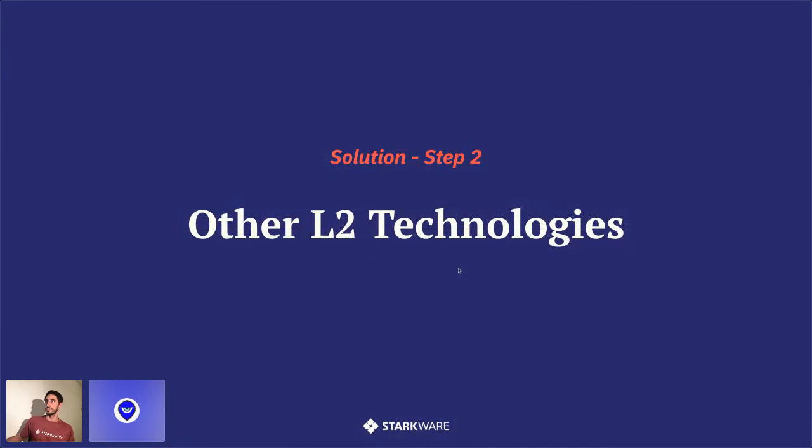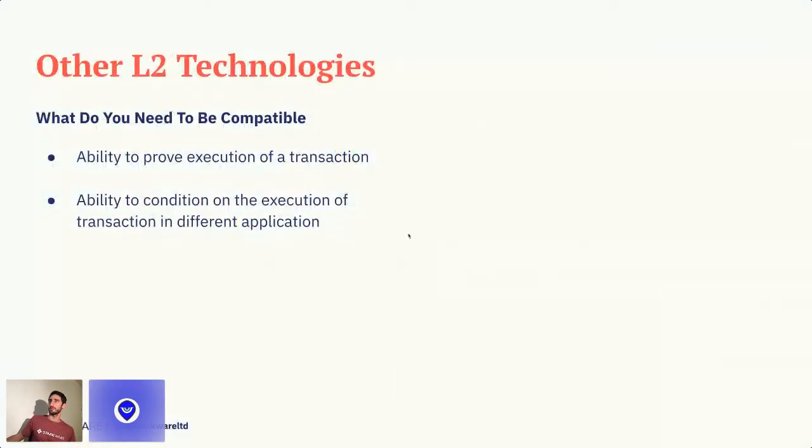I will brief through it, because it is the topic for a whole other presentation. But very generally speaking, you need to have two things in order to be compatible with this protocol. One is you need the ability to prove the execution of a transaction in your state.